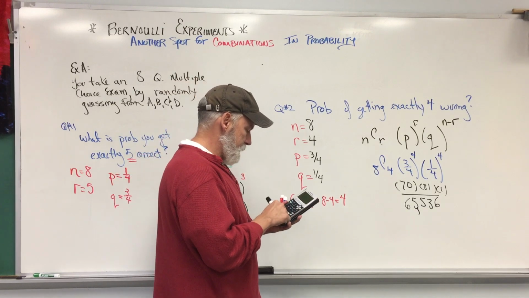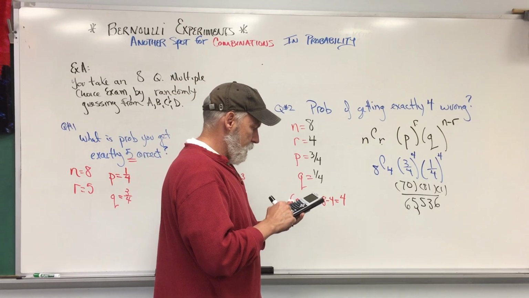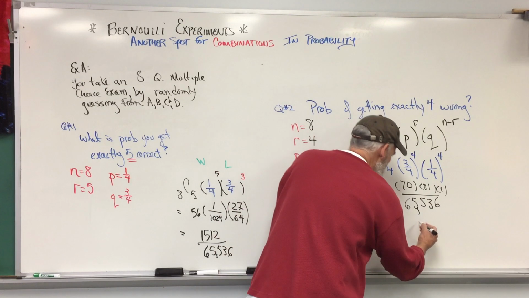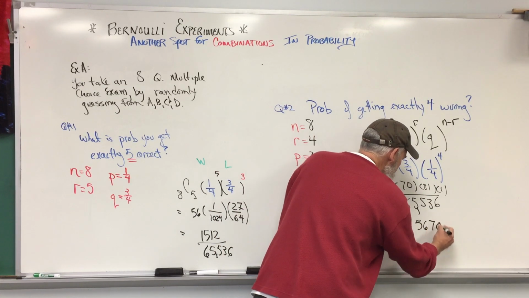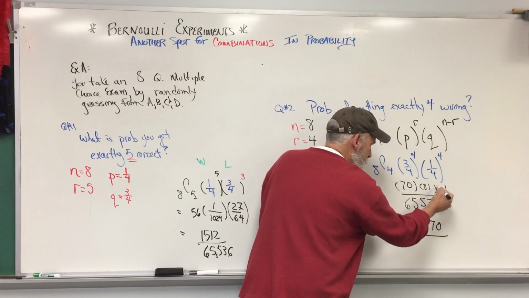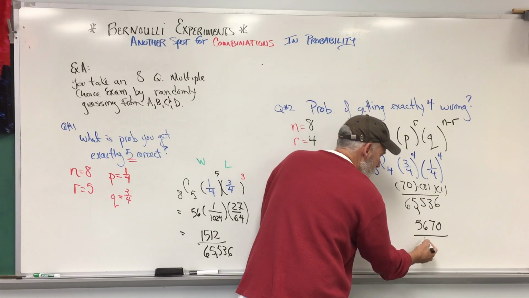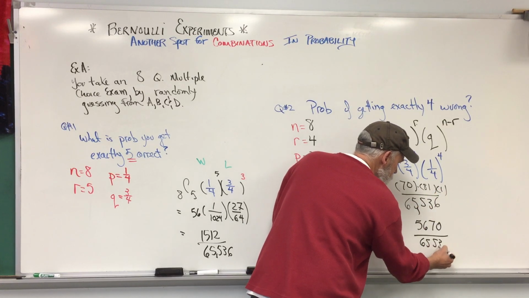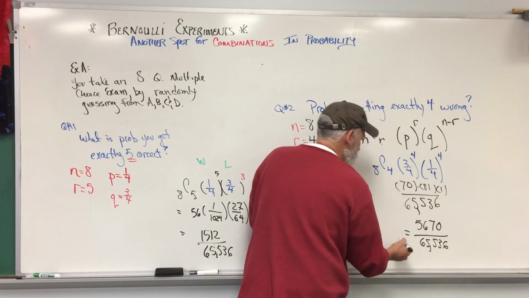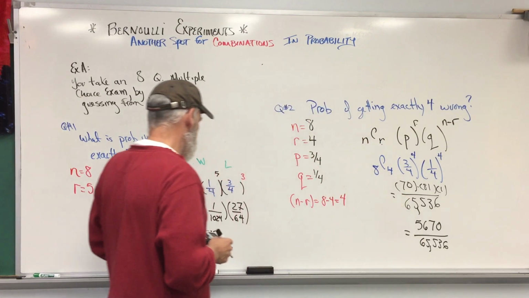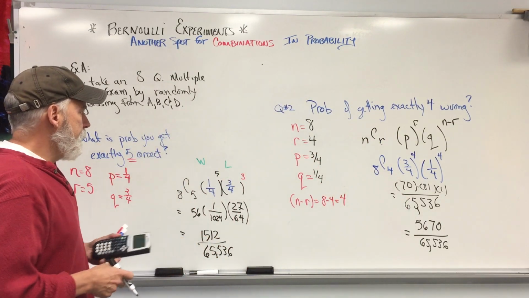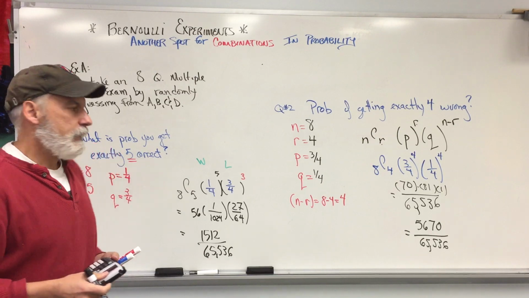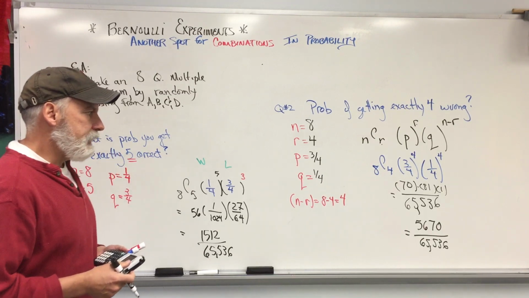Let me see if I'm right. 70 times 81. Yeah, 5670, sorry. 5670. I multiplied out the top, which was these three things, and 65536. And that's the answer to this probability. It is a little bit more likely than getting 5. Okay. But not very likely. It's less than 10%.